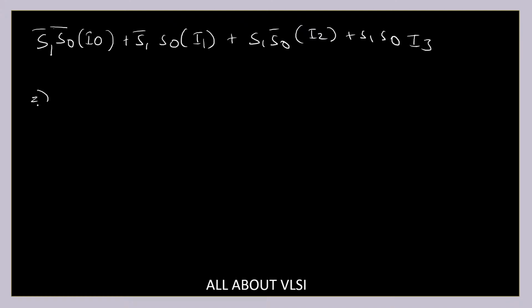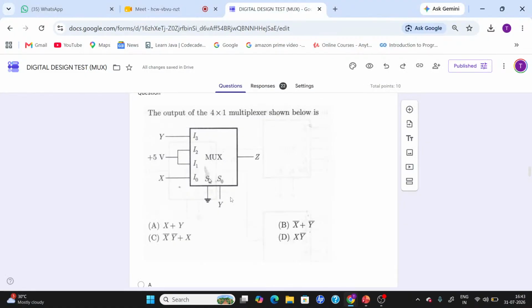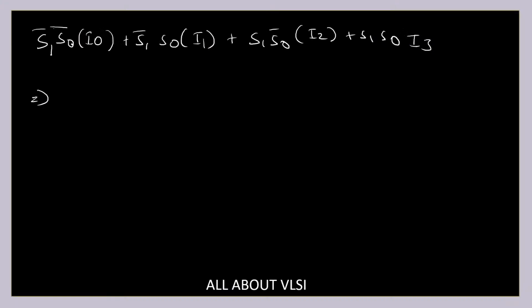And I can see S1 is connected to 0. Okay, so which term will be eliminated? This term will be eliminated and this term will be eliminated because S1 is connected to 0. So you have only this term and this term left out. So here you are going to have S0 complement into I0 plus S0 into I1.